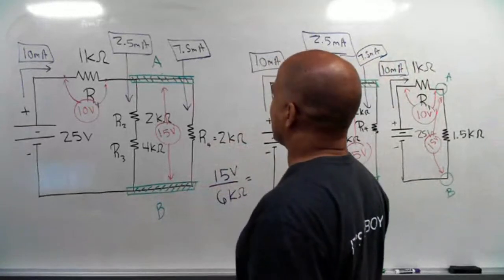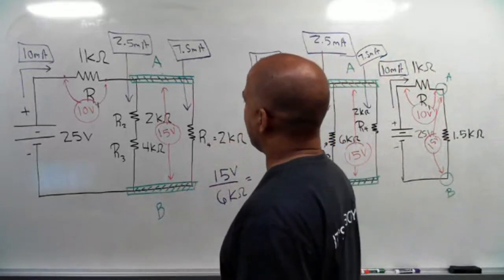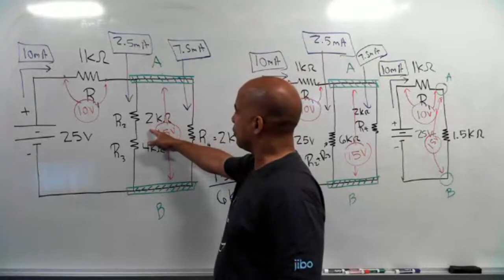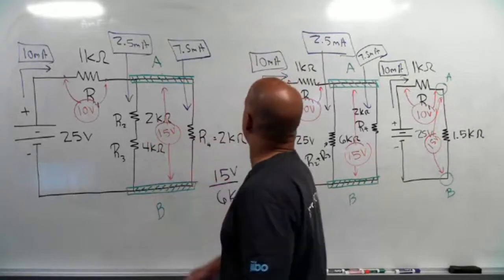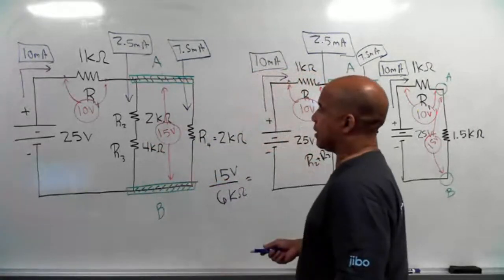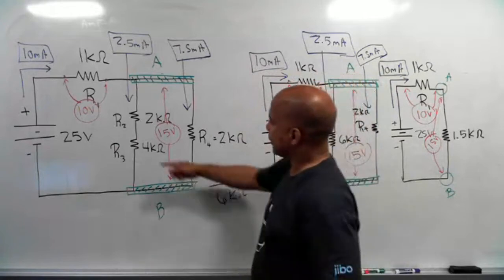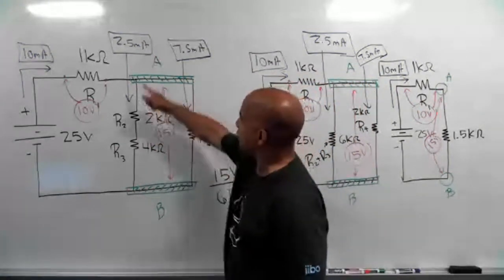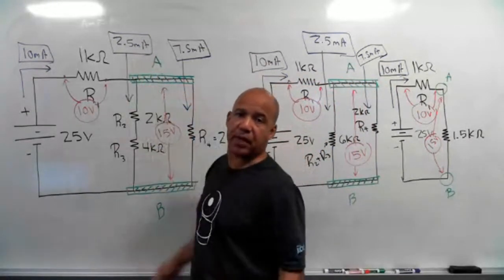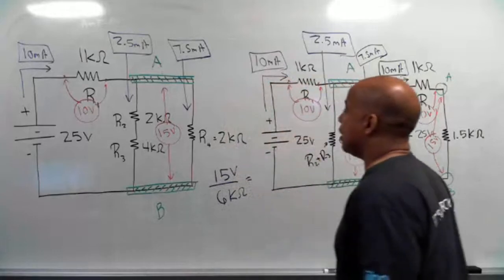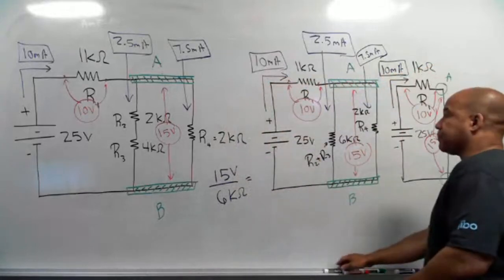The only thing I'm missing that I can see is the voltage drop across R2 and R3. To find voltage drop, you've got to know current, you've got to know resistance. Of course, it gave us the resistance values, and we solved for the current value. It's a piece of cake. I can solve for the voltage drop across both those resistors.